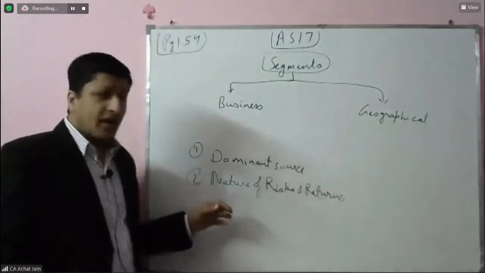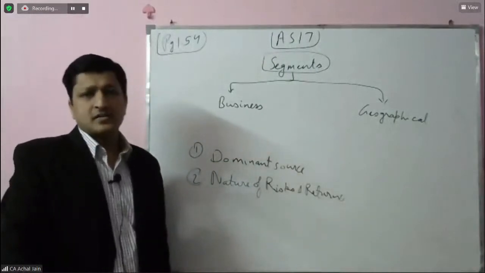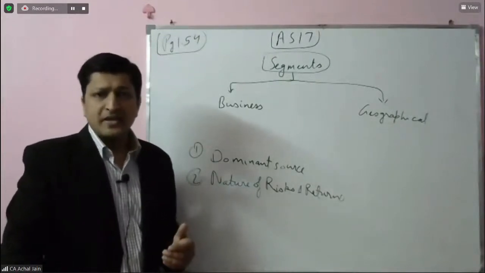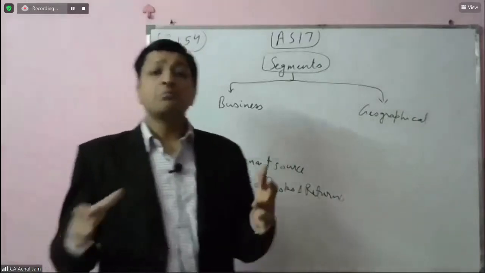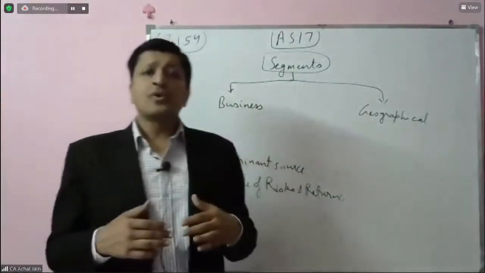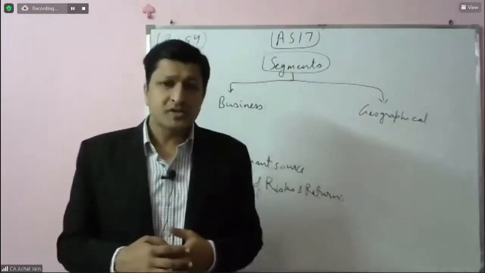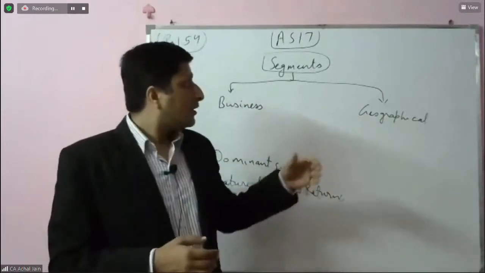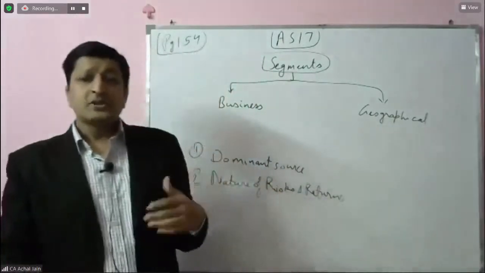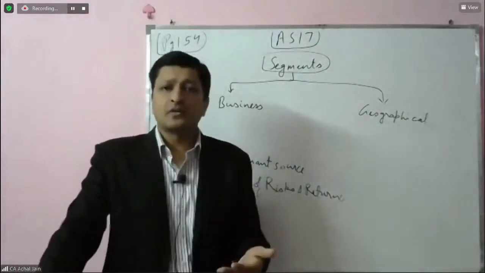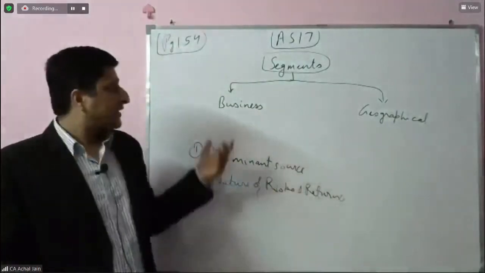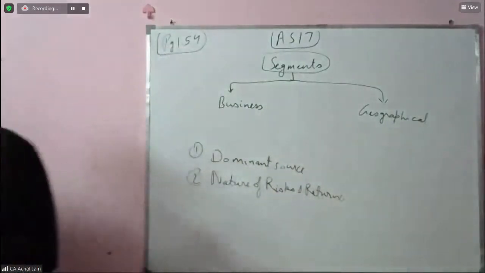Similarly, if we look at the nature of risks and returns, which are assessed by the management, they are more dominated by the nature of the products and not really by the locations or the markets in which those products are sold. Why? Because geographies are not impacting the business significantly. It's the products which are impacting the business significantly.